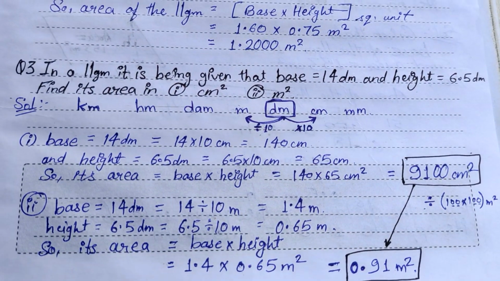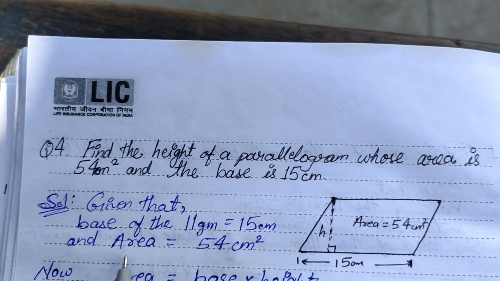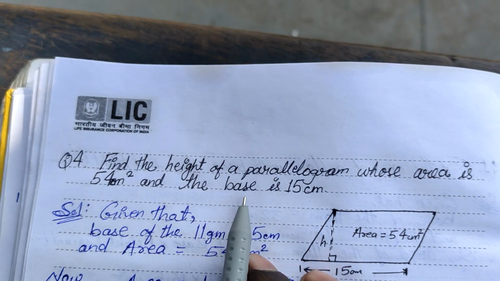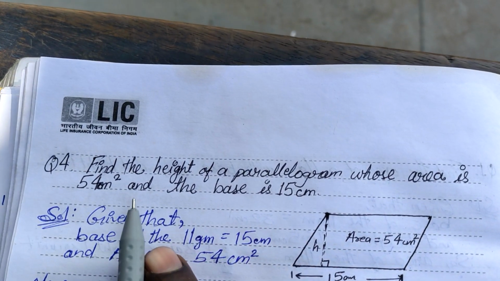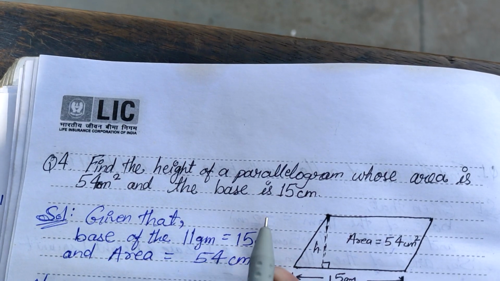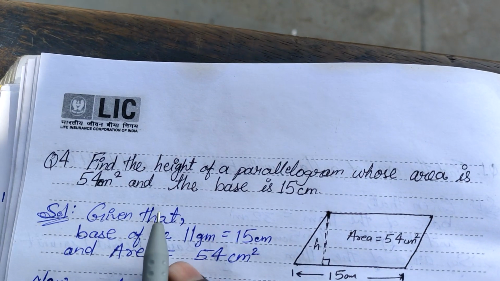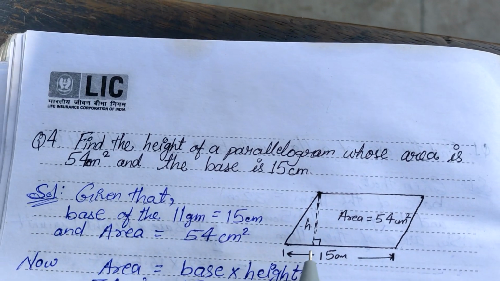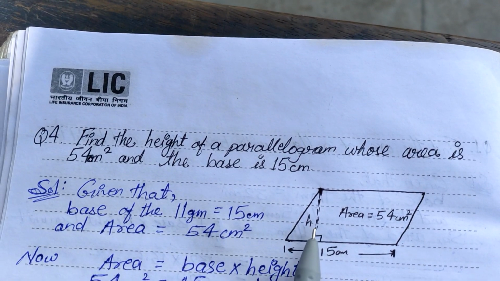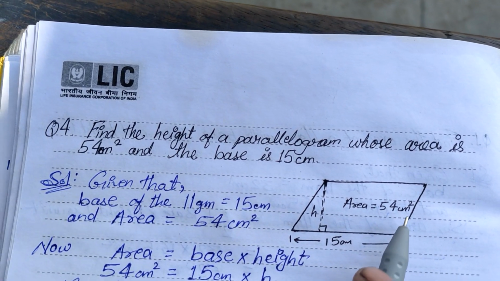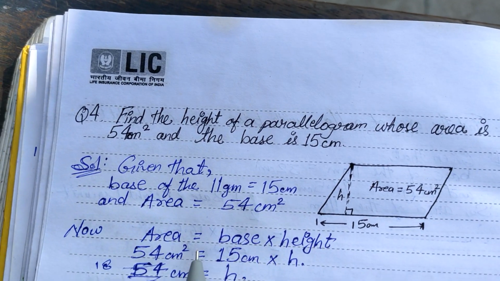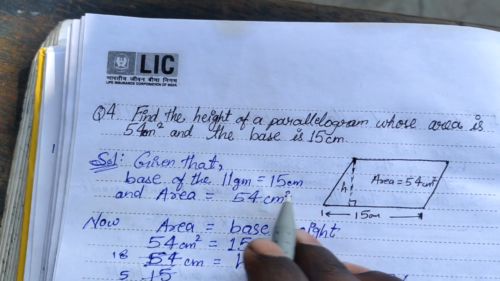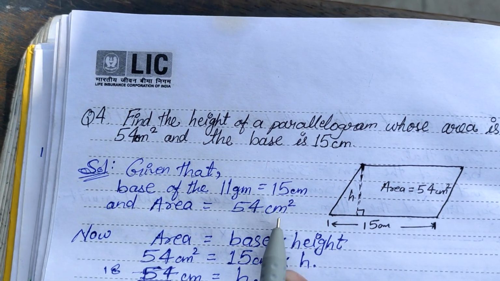Now see the next question. Number 4 is, find the height of a parallelogram whose area is 54 centimeter square and the base is 15 centimeter. Here area is given and base is given, so we have to find the height. Now see the figure, the base is 15 centimeter, we have to find the height, area is 54 centimeter square. Now here we go, given that base of parallelogram is equal to 15 centimeter and area is 54 centimeter square.